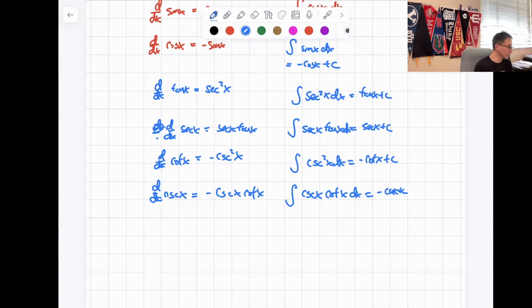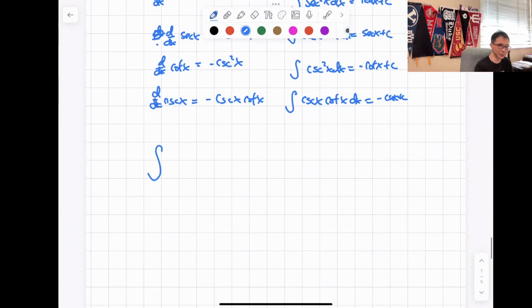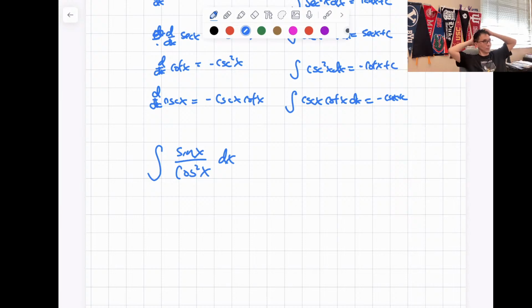Oh, by the way, do you guys know how to take the integration of this one? Everybody is probably going to have a hard time with this one. Sine of x over cosine square of x. No, wrong, it's cosine squared.